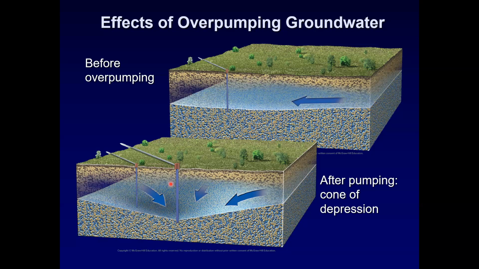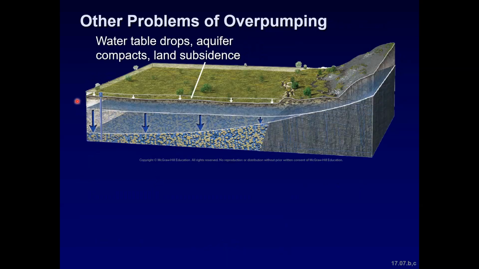And with overpumping, we can also have land subsidence, meaning the land drops down because the water table drops, the aquifer compacts, and land subsides with it. Okay. Fissures can also form along boundaries between areas of more and less subsidence. So there's more subsidence over here and less over here.